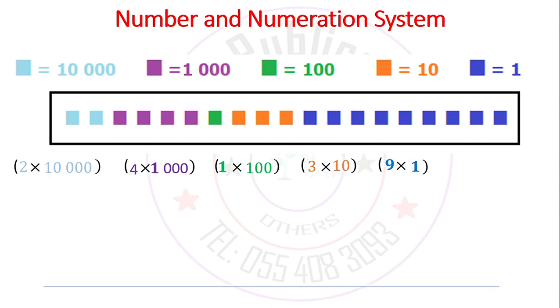Okay, so the first one, what is it going to give us? When we have 10,000s, 2 of them, what do you get?